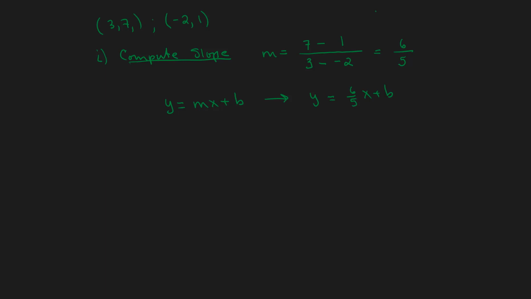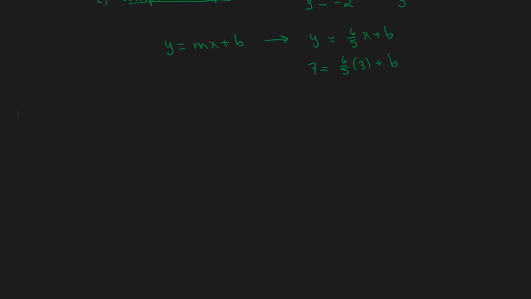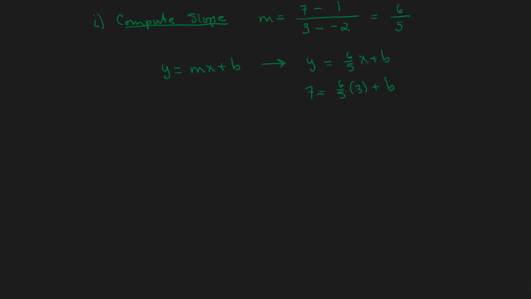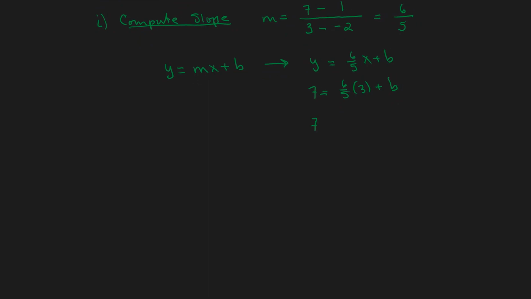When I substitute those in, the y value is 7 equals the 6 over 5 times 3 plus b. At this point, we can multiply. Remember 3 is the same thing as 3 over 1. So when you multiply these together, you multiply the numerators. The 6 and the 3 is going to give me 18 over 5 plus b.